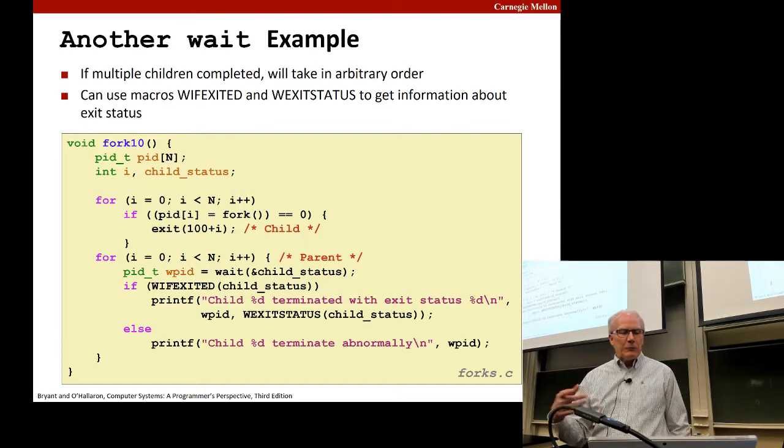This example shows firing up n different processes, where I think n is actually 5 in the program. The parent will fire 5 different children, and then wait for them in a loop, one after the other. But the point is, they don't all have to return in the order they were created.